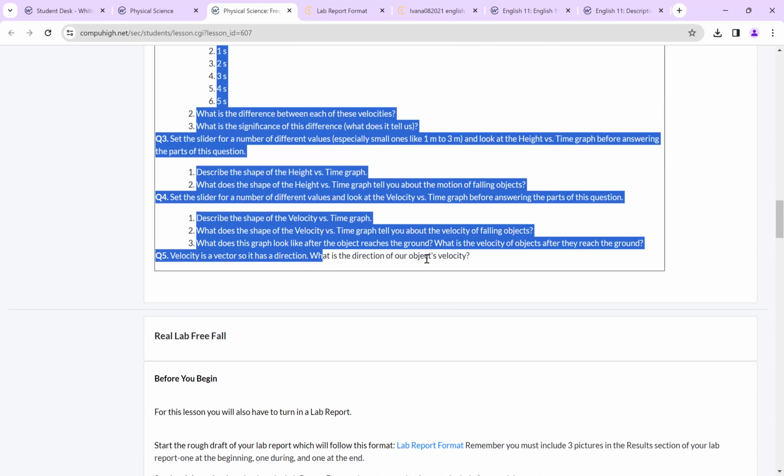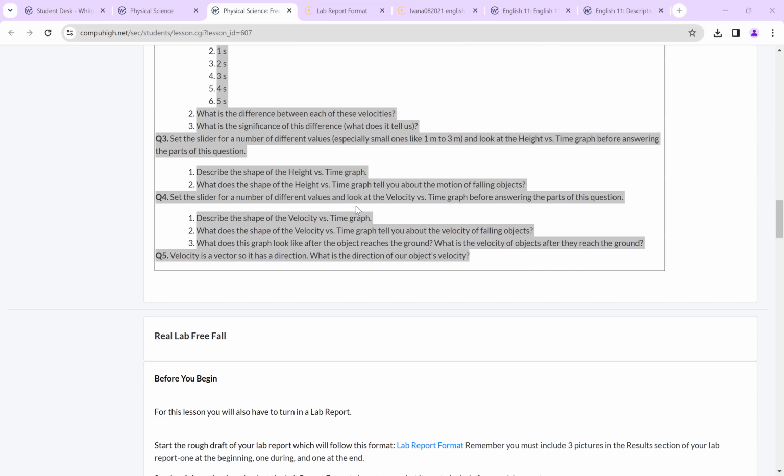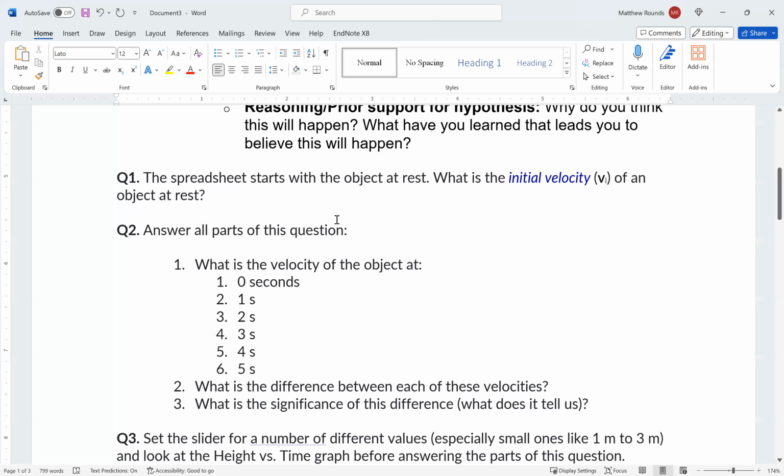But where do we answer them? I guess we'll put them in here in section 1. Let me go ahead and switch sharing to something else. Really surprised they have you do a lab to start, but that's what they have you do.